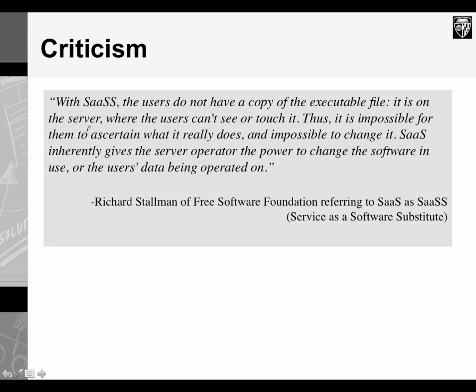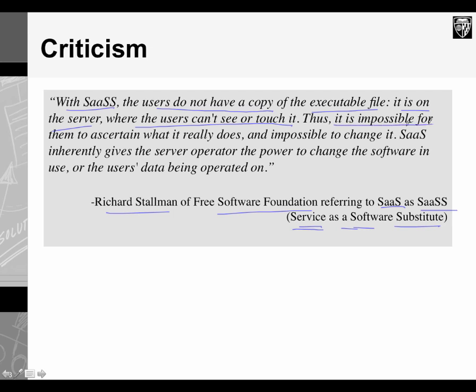Well, there has been some criticism about SaaS too. Richard Stallman of the Free Software Foundation refers to SaaS as SaaSS, S-A-A-S-S at the end, which he calls service as a software substitute. He says with SaaS, the users do not have a copy of the executable file. It is on the server where the users cannot see or touch it.